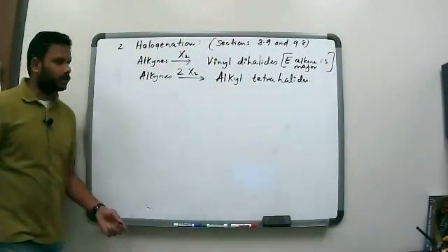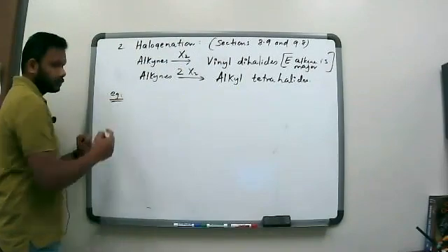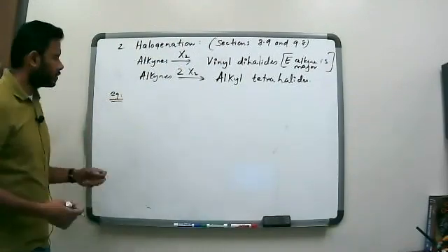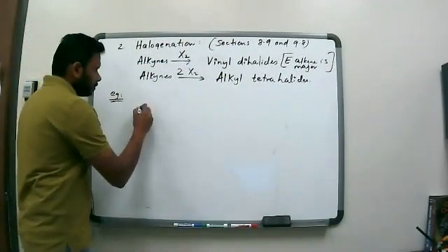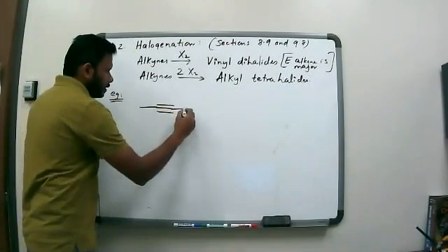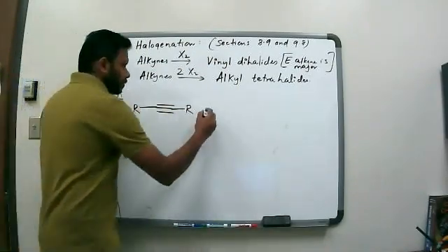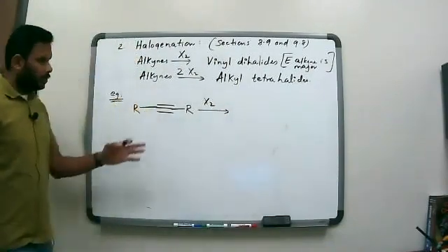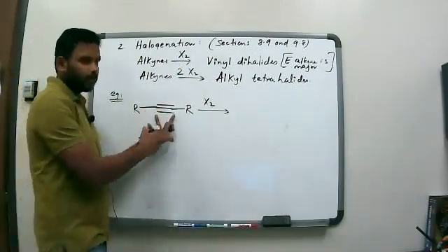I will show you examples of both. So essentially what we're saying is, and this is always simple once you understand the alkene part, then the alkynes are always simple. If we had an alkyne like this, you react this with X2, they're going to add to this double bond, or triple bond, sorry.